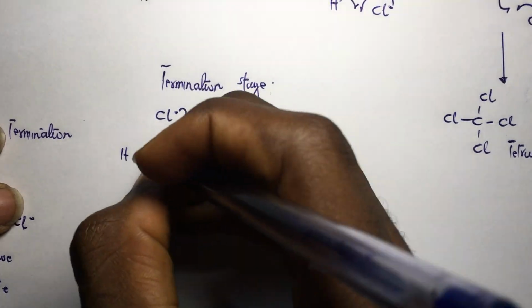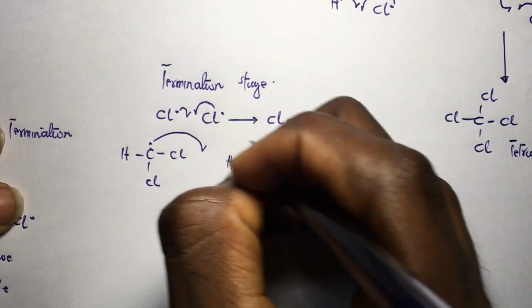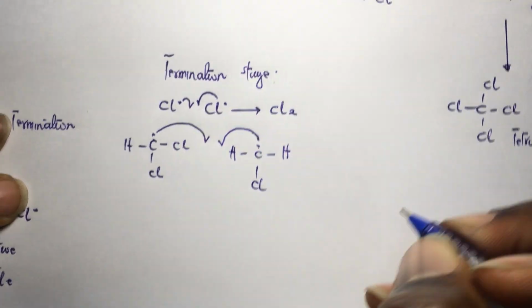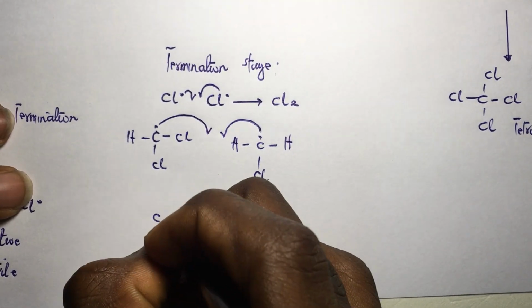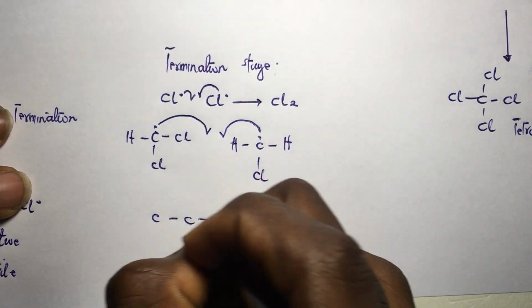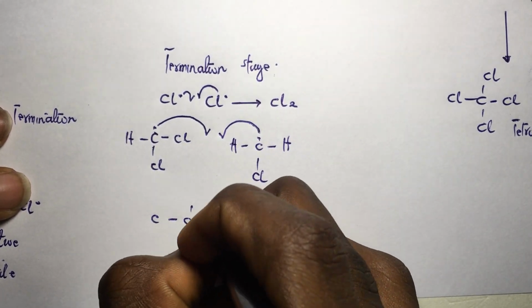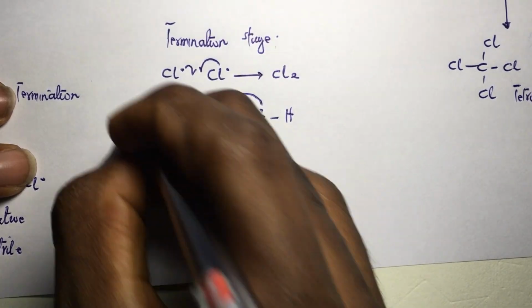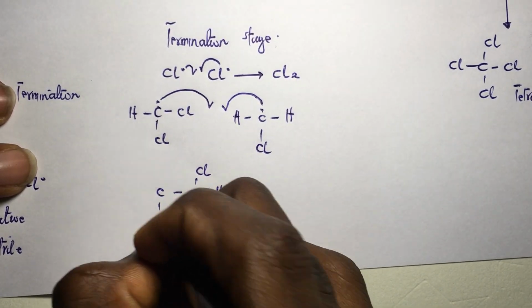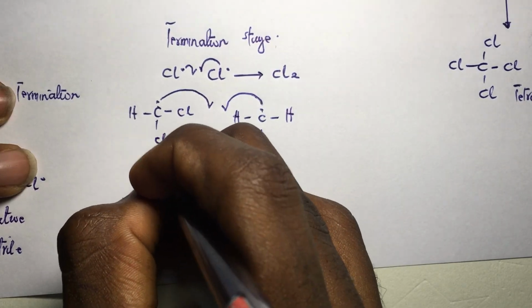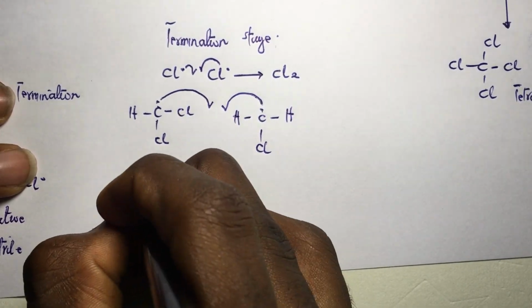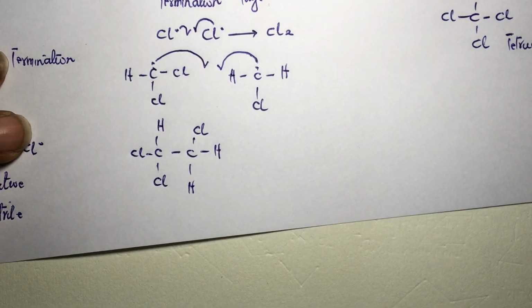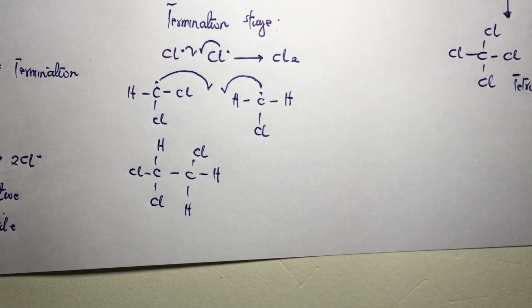At the end of the day, this carbon will bring its one electron here. This one also brings its one electron, and we are going to form a carbon bonded to carbon, where on this carbon we are having hydrogen, hydrogen, chlorine. On this carbon too, we are having chlorine, hydrogen, chlorine. So very simple. You can just add any two radicals together to terminate the reaction.